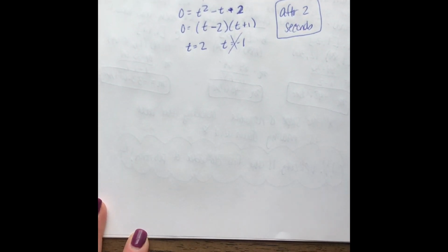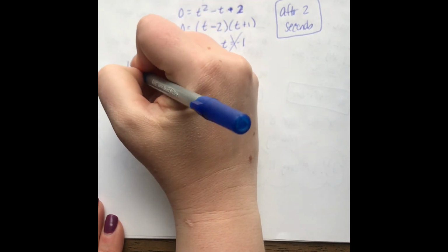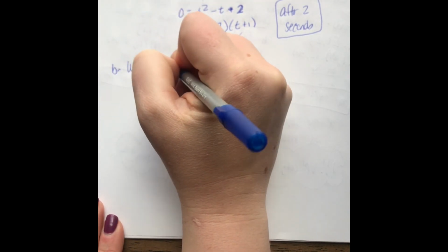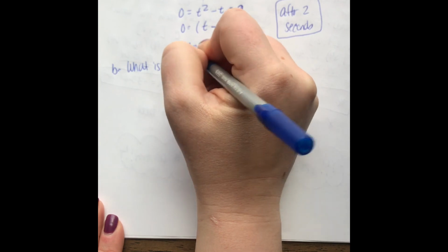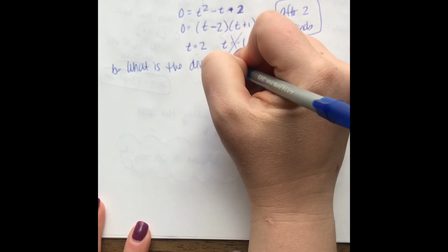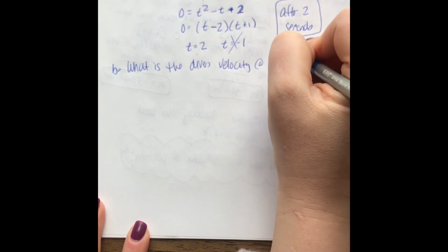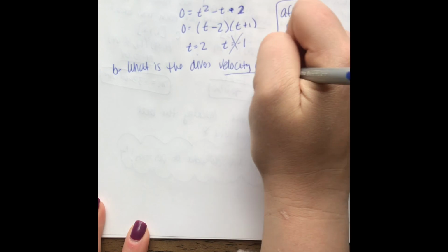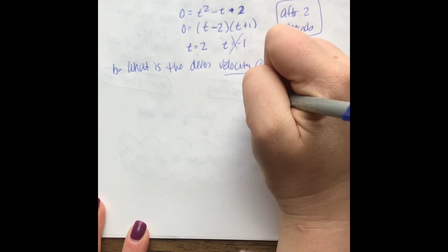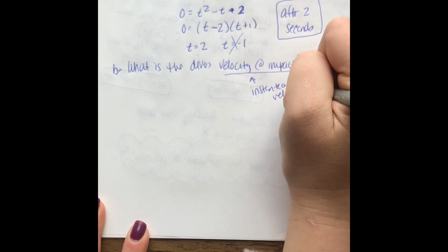Part B is when it starts to become a little bit more calculus. Part B says, what is the diver's velocity at impact? Okay. Velocity at impact is asking us to find instantaneous velocity.